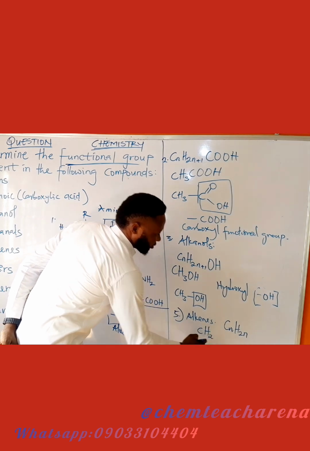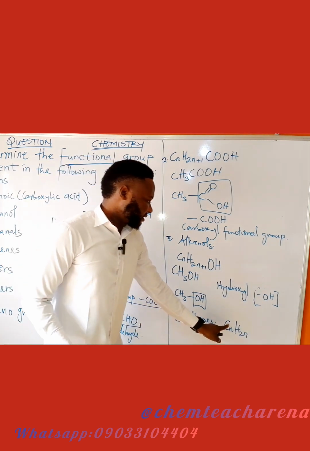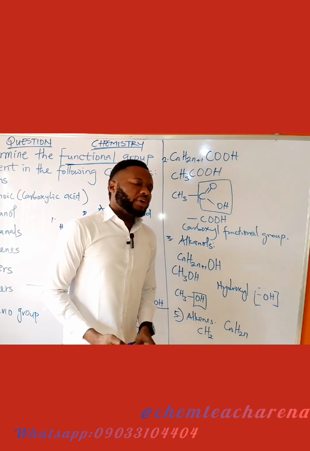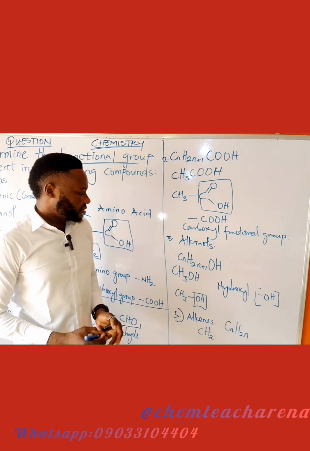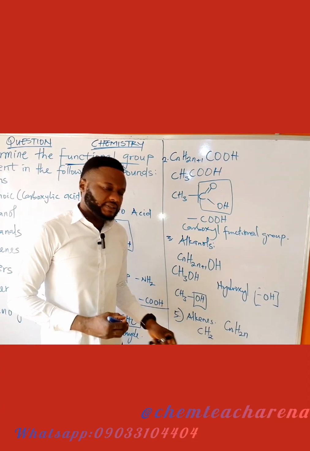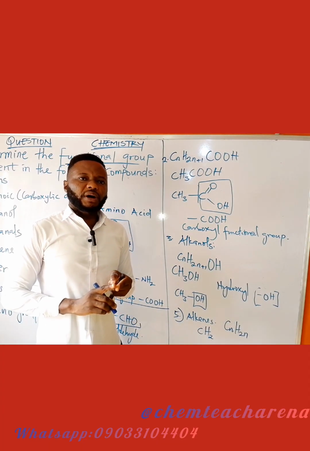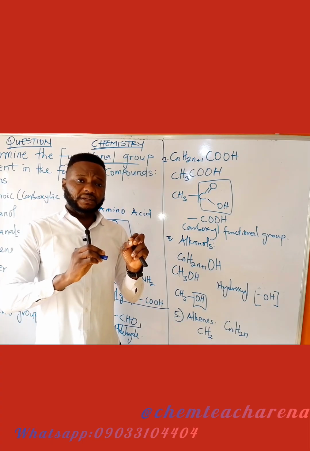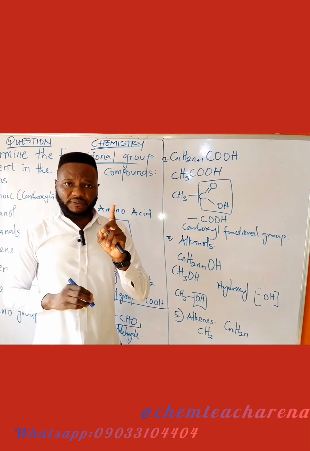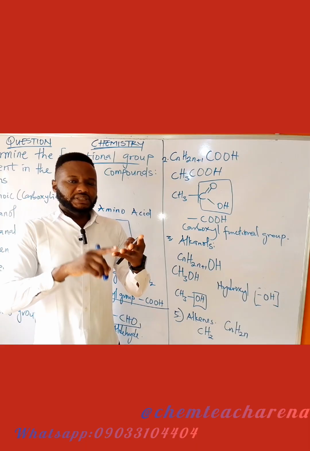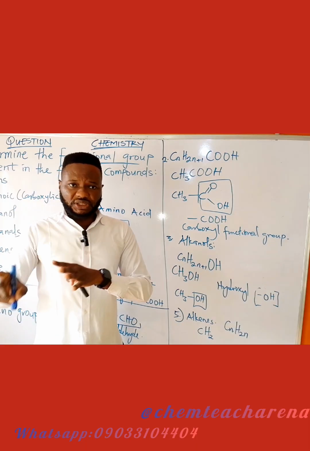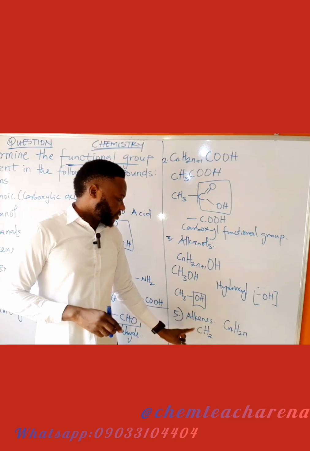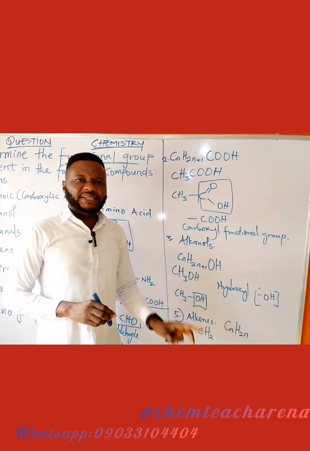But note this place: in alkene, the number n starts from 2, but in alkane, the number n starts from 1. That's why you have methane, ethane, propane, butane, pentane, just like that. But for alkene, it starts from 2.